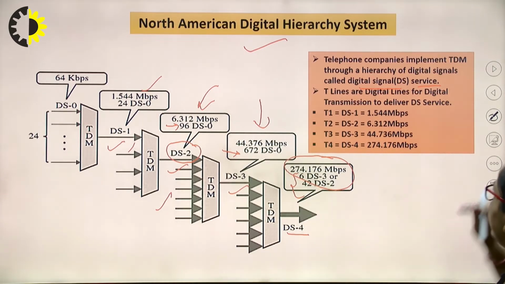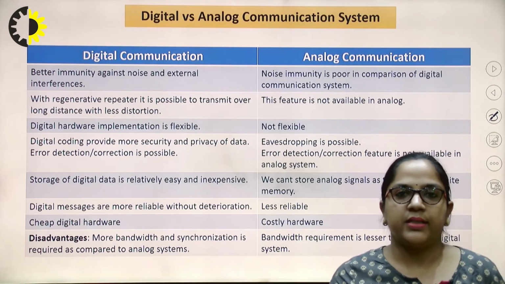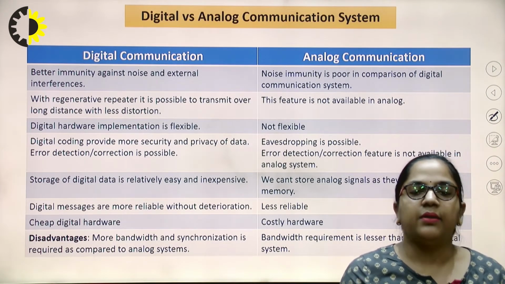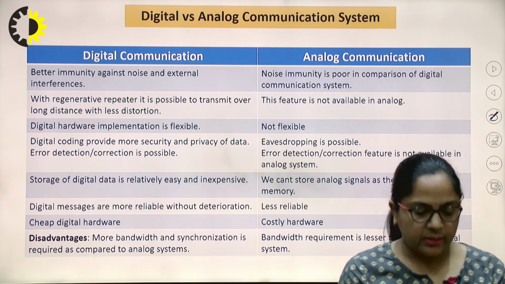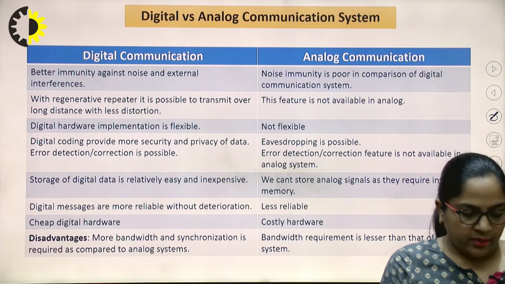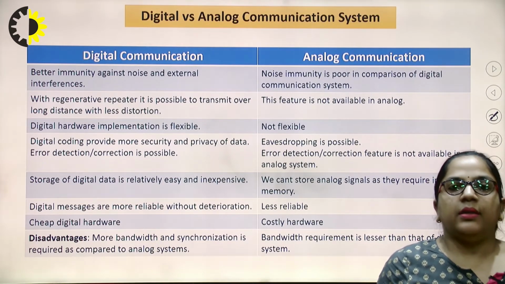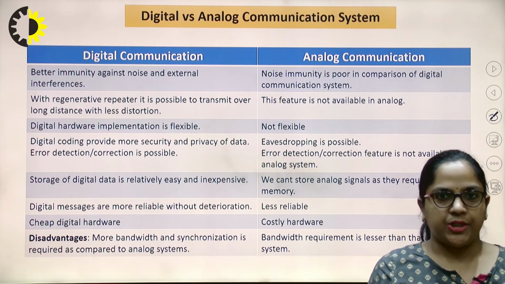After completing the T1 digital carrier system, which is related to the first successful transmission of the digital voice signal, we can now compare the analog communication system with the digital communication system.